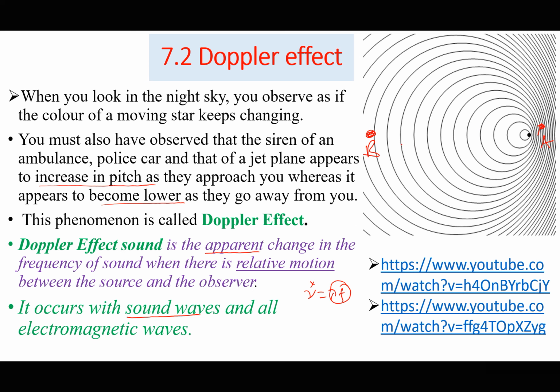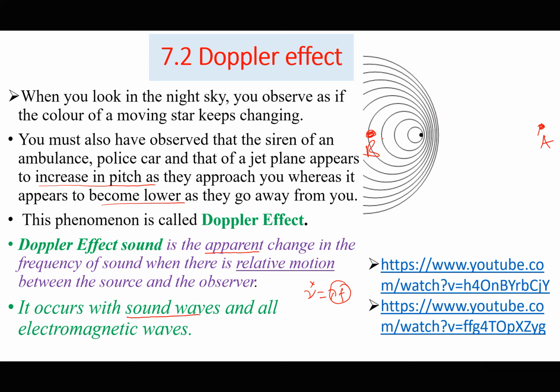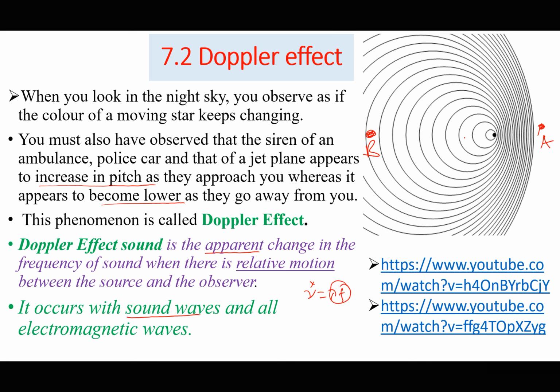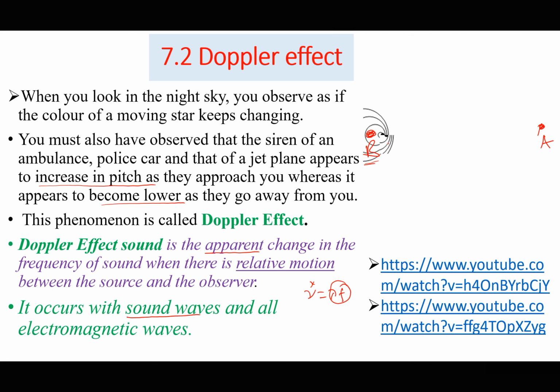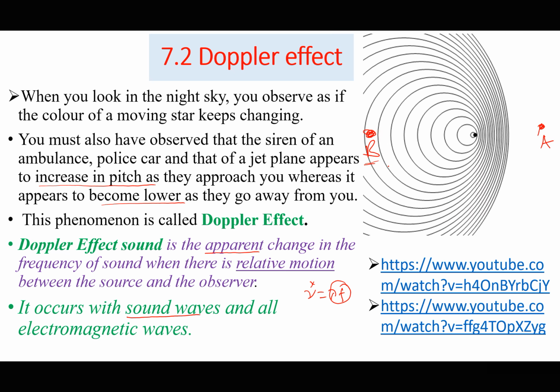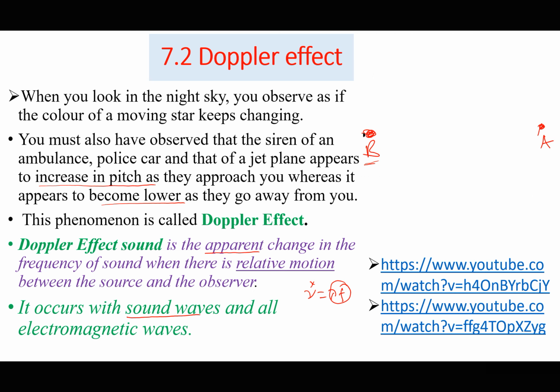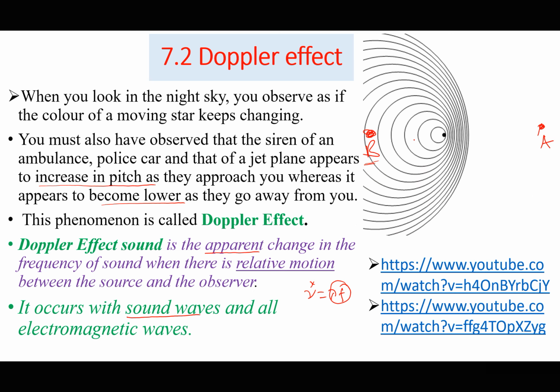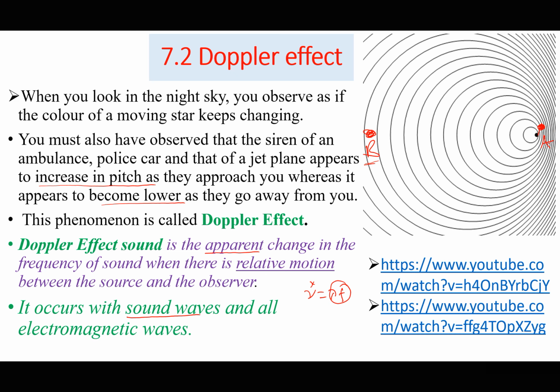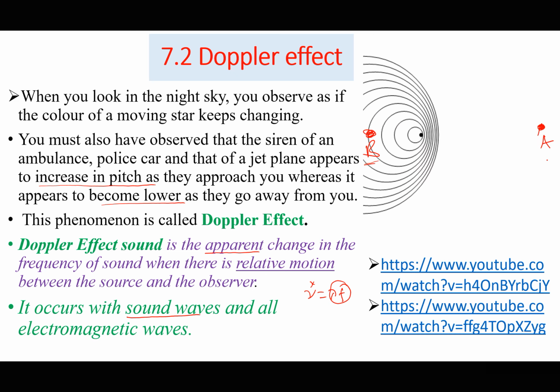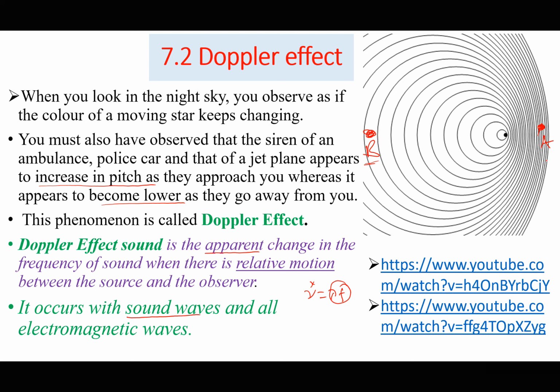And for observer B, the waves spread further apart as the source moves away from observer B. So observer B may detect a lower frequency as the source moves away from him, and observer A will detect a higher frequency as the source moves towards him. So that's what we mean by a Doppler effect.